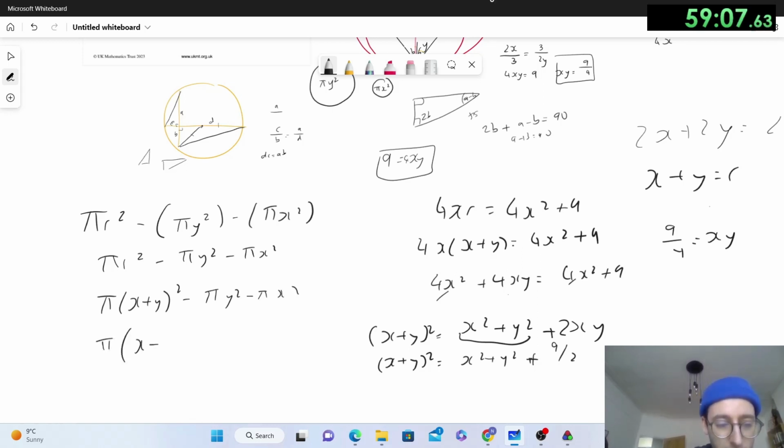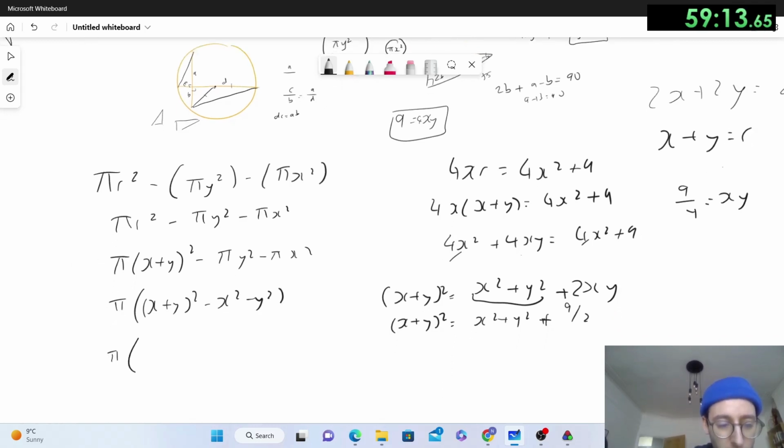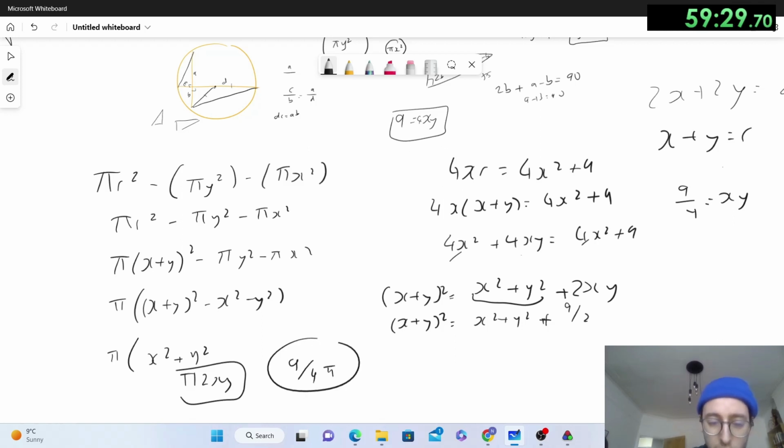So pi, and here I've got (x plus y) squared minus x squared minus y squared. So pi of... Oh, I've run out of time. Oh my god, it's just pi of 2xy. But we know xy is 9 over 4, so the area of the whole thing is 9 over 4.